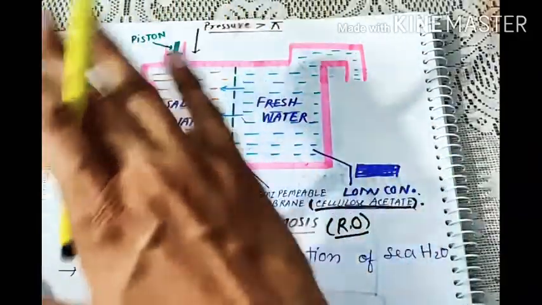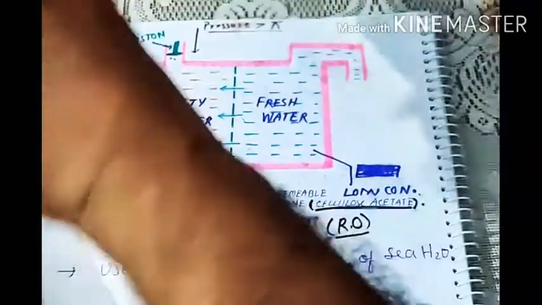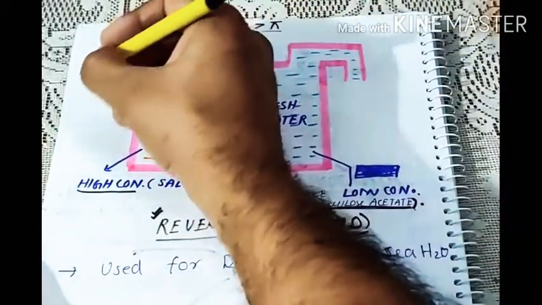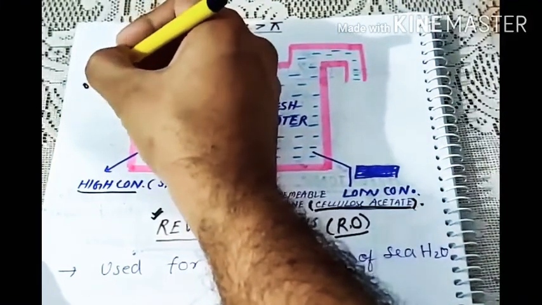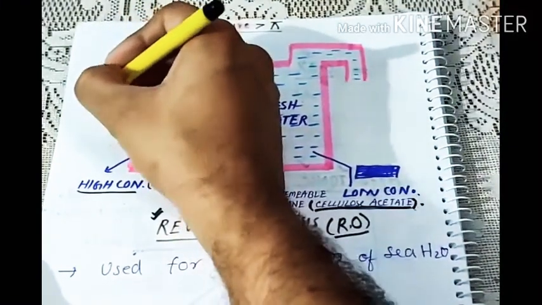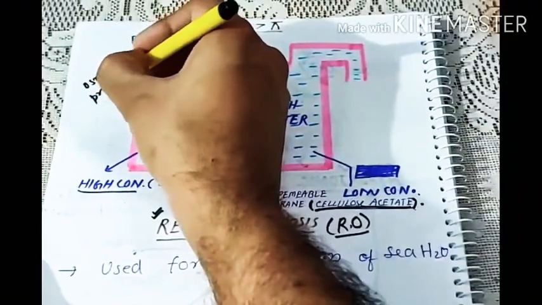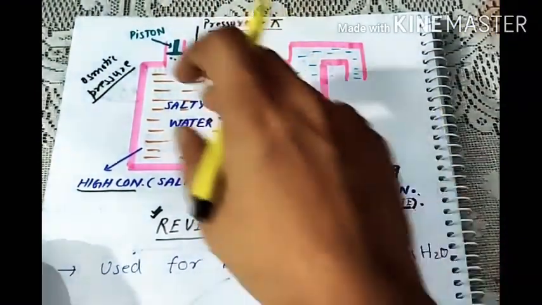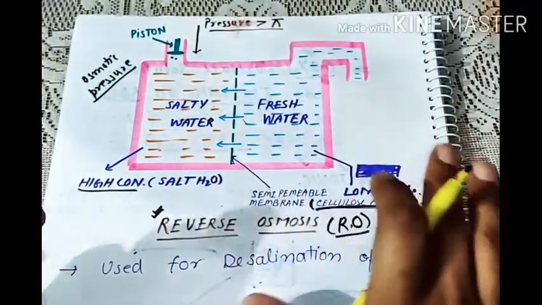The pressure, do you remember we have already talked about this in the previous video, the minimum pressure which is required to stop the osmosis is called osmotic pressure. This is called osmotic pressure. So at this pressure the osmosis stopped.